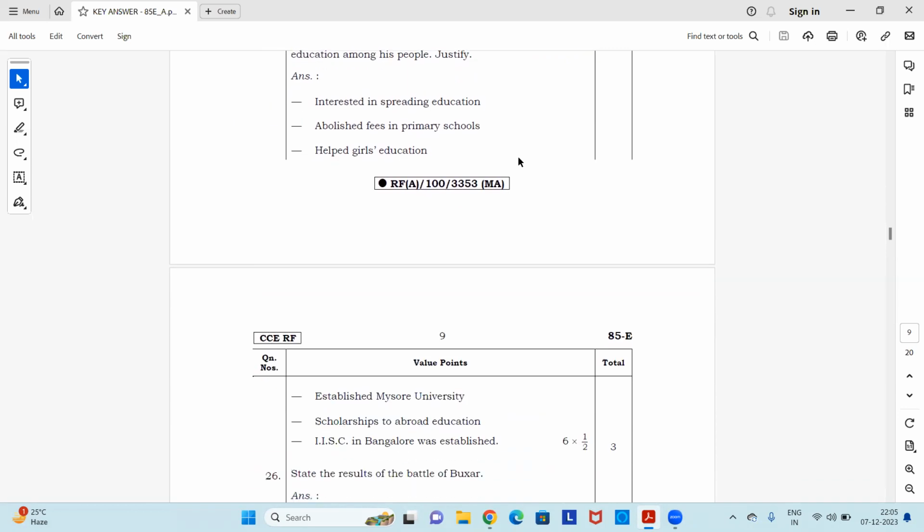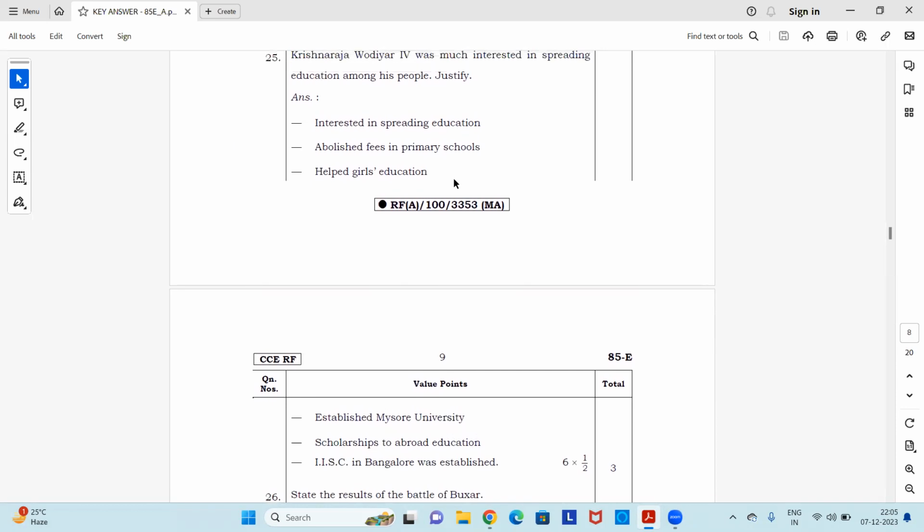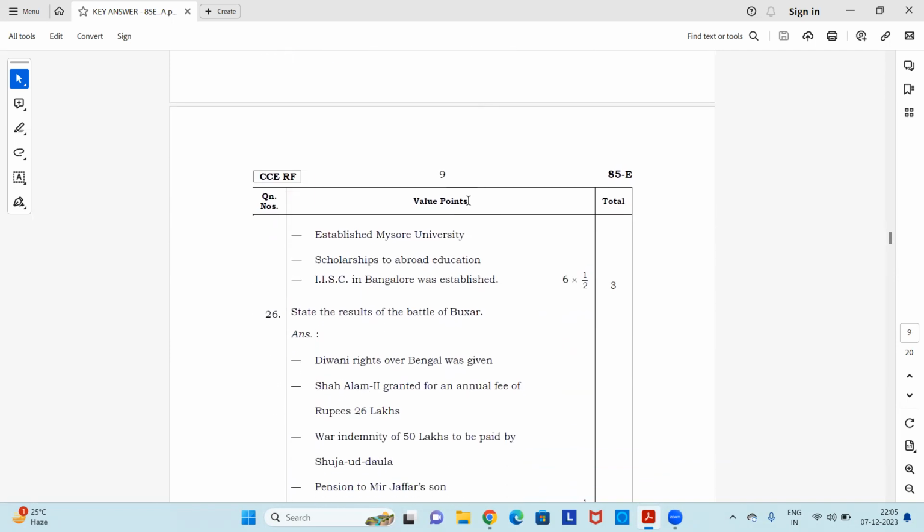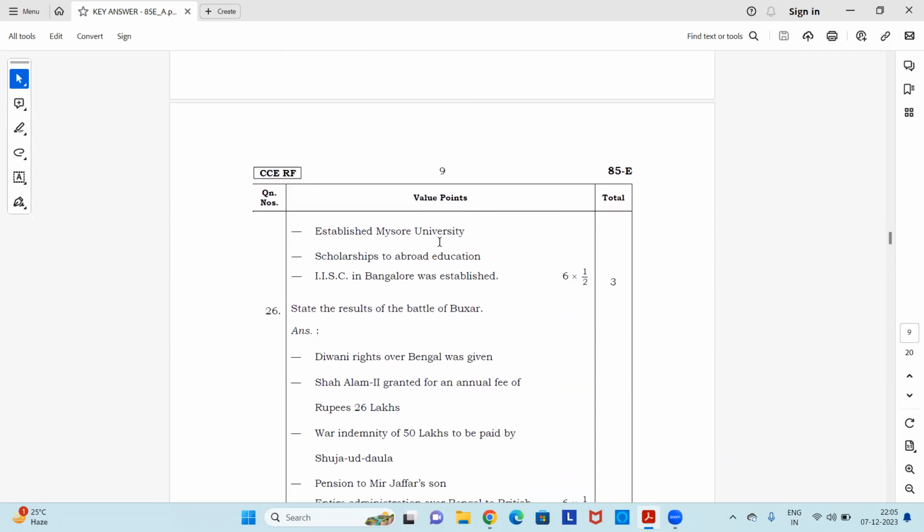Justify. Answer, again the key points. Okay, interested in spreading education, he abolished fees in primary schools, he helped girls education, he established Mysore University, scholarships to abroad education, and IISc in Bangalore was established. Okay, so half mark each, 6 points, you get 3 mark.